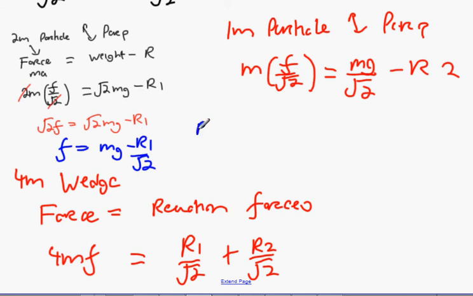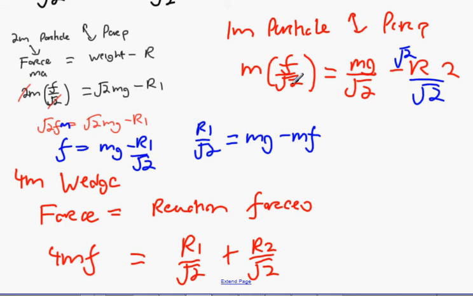Isolate R1 over root 2, and I'll get mg minus F. Oh sorry, I forgot the m there, didn't I? But I still need to leave it there because it hasn't cancelled out yet. So it's mg minus mF. Okay, that's what R1 over root 2 is. I'm going to do the same trick here, except I'm just going to put root 2 R2 divided by root 2. All the root 2's cancel.